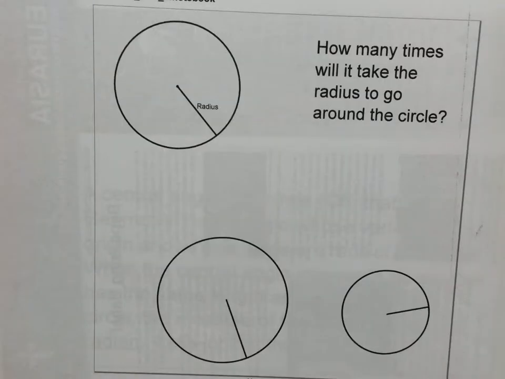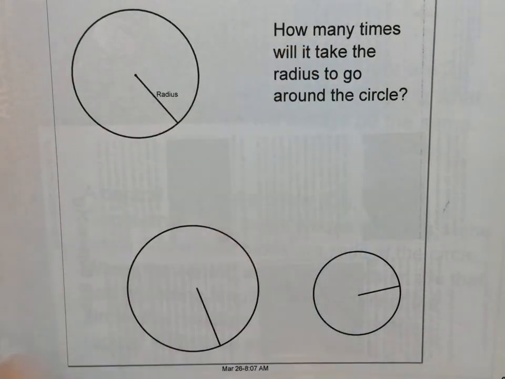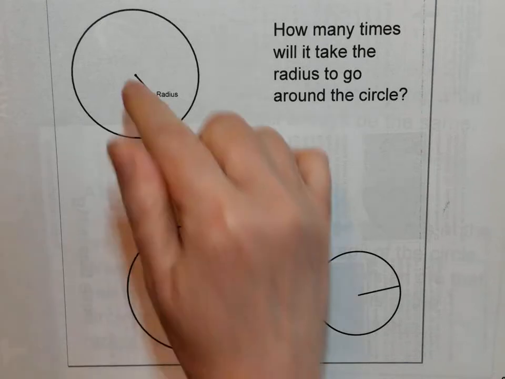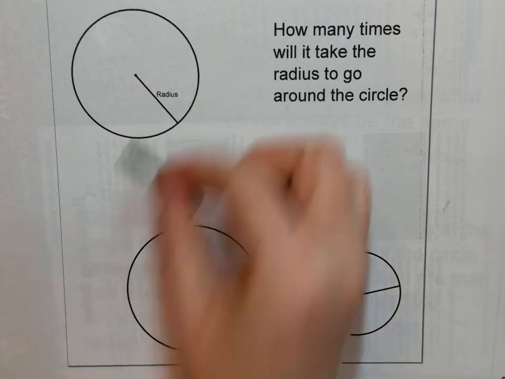To get you started, take a look at the picture. It has a radius, and I'm going to use this piece of wire I found here. Oh, it's way too long. Let's see if I can make it shorter. All right, this is going to be close. My question is, if this is the radius of my circle, how many radiuses is it going to take to get all the way around my circle?